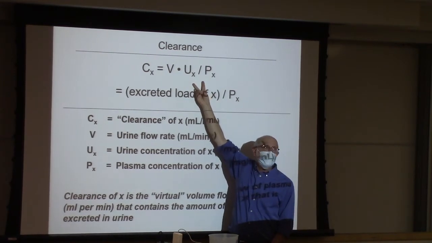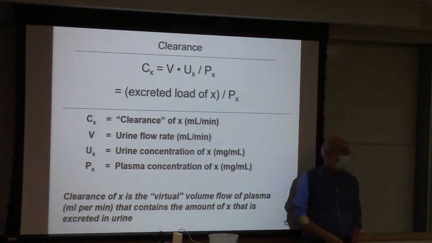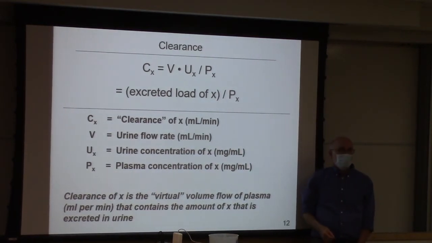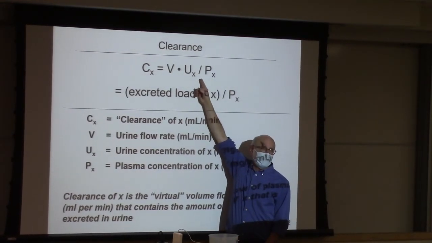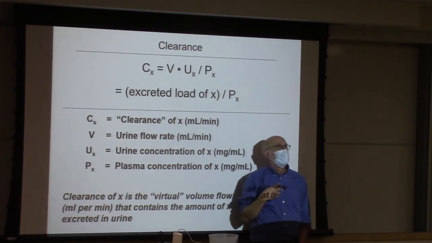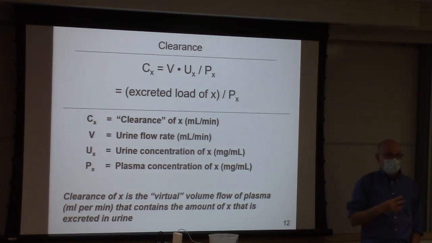You want to make this unitless so that clearance is in the same units as flow of urine, mils per minute. Remember to make these units the same. Again, I will not ask you to do arithmetic on the quiz, but I might ask you to set it up right on the quiz or the exam.